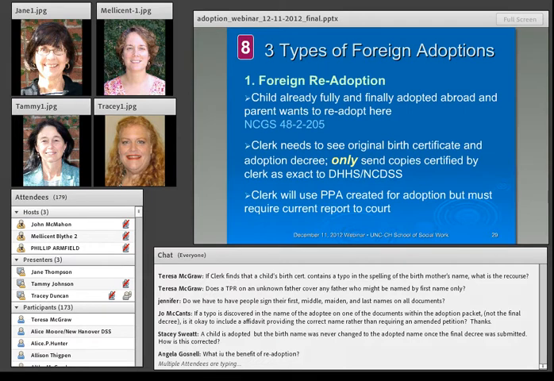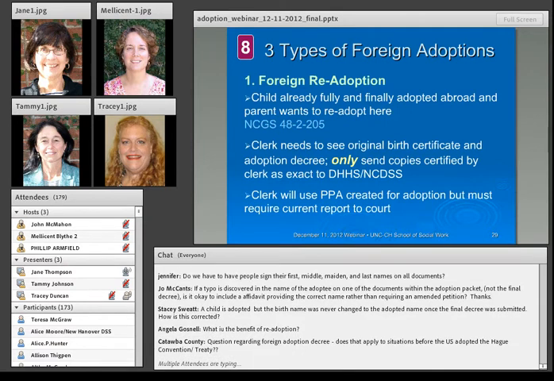And they can simply get that and know that it can always be replaced because they've got a North Carolina version. However, the name on that will be exactly the name that is on those foreign documents, but that's fine, and they can absolutely do that. However, if they want a North Carolina adoption decree that they can also get a replacement of, then they can use 130A-108.